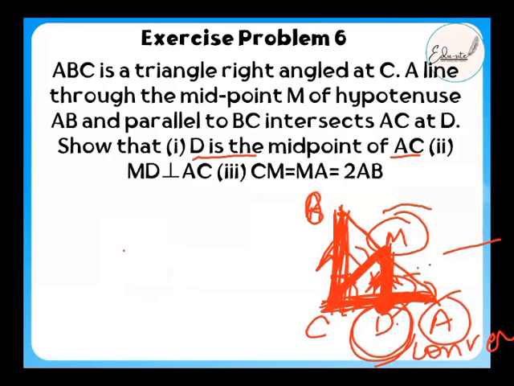From these two triangles, you have to show that CM is equal to MA. If CM equals MA, what more? From the midpoint theorem, can we not prove that it is equal to half of AB?